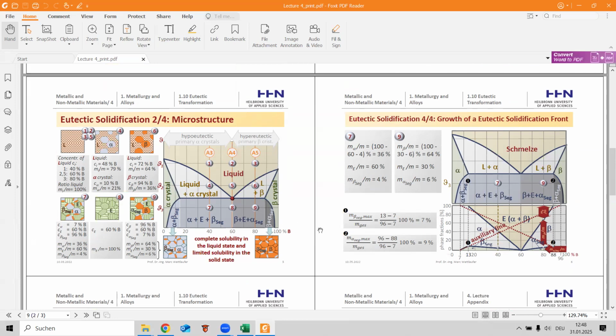Here's concentration and temperature. So there are phases: alpha crystals and beta crystals. Here's the liquid phase. Here's liquid phase plus alpha crystal and liquid phase plus beta crystal.